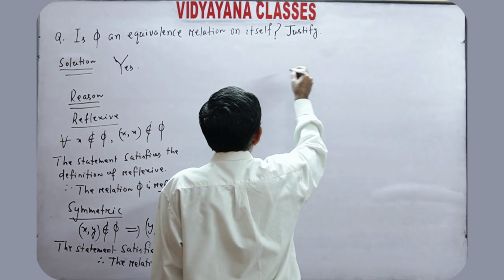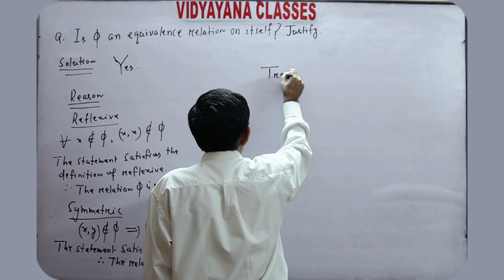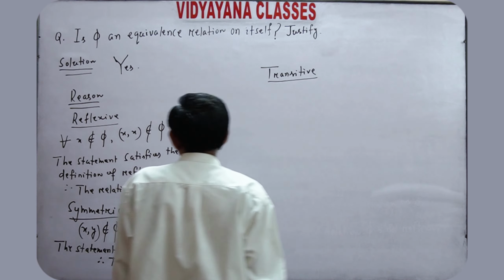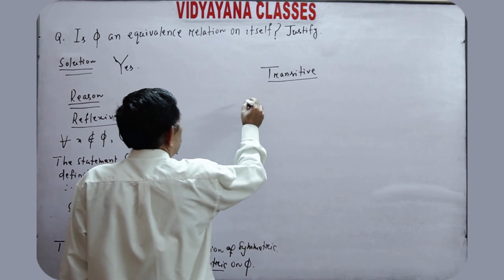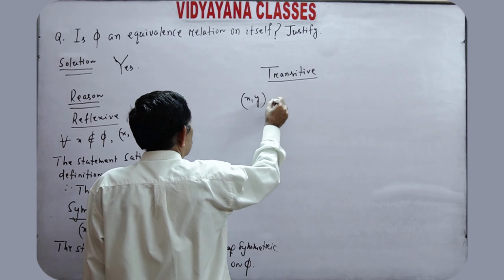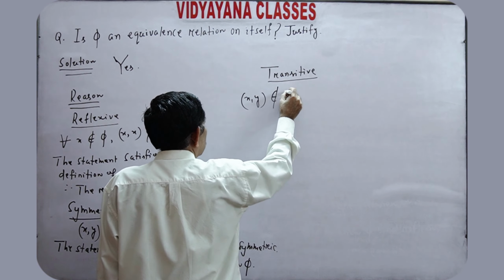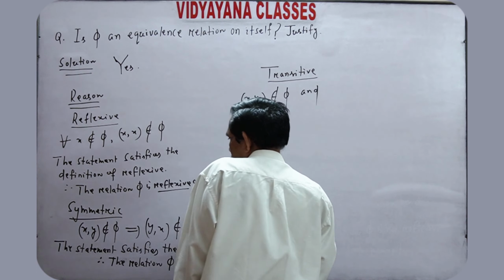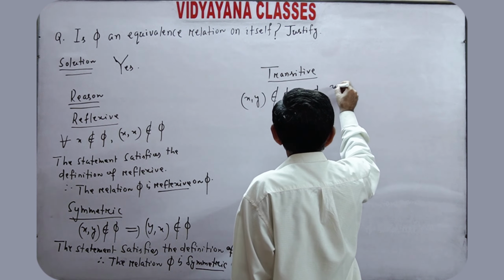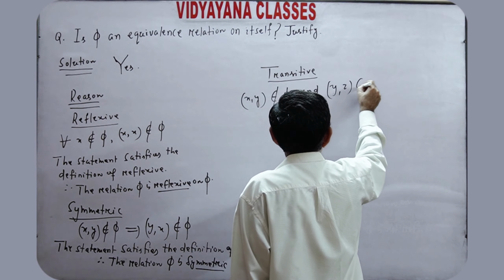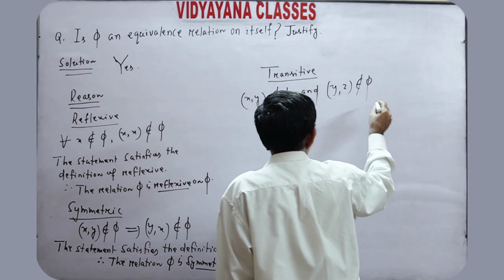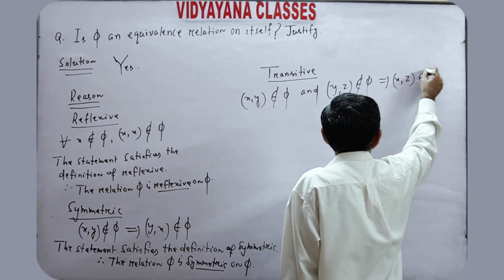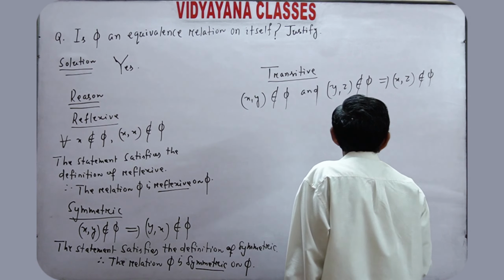Test for transitive: (x,y) doesn't belong to phi is true, and (y,z) doesn't belong to phi is true. That implies (x,z) doesn't belong to phi is also true.